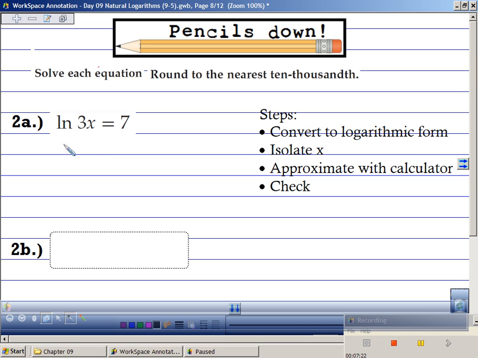But let's convert to logarithmic form and see what happens. I have log base e of 3x equals 7. Is there anything you can do with that? You can't divide by 3 because this is on lockdown right here. You can't do anything to that. So what can I do?